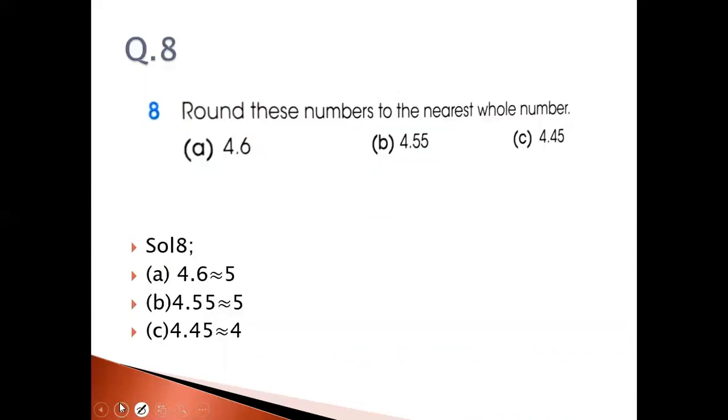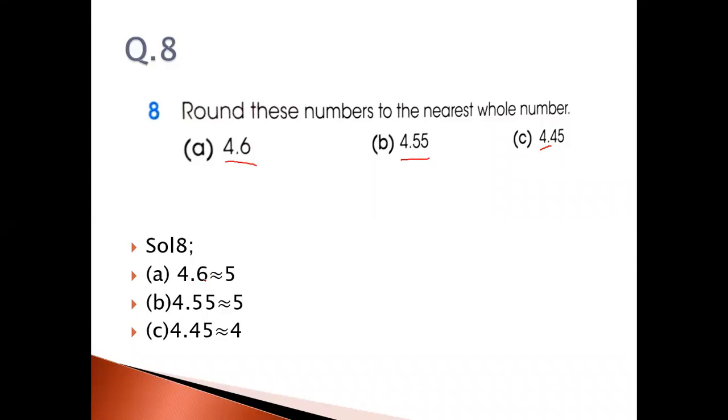Let's move towards question number 8. Round these numbers to the nearest whole number. 3 parts are given to us, and you can see here 4.6, 4.55 and 4.45. What to do? First of all, part A I have written here is 4.6. What is the rule?